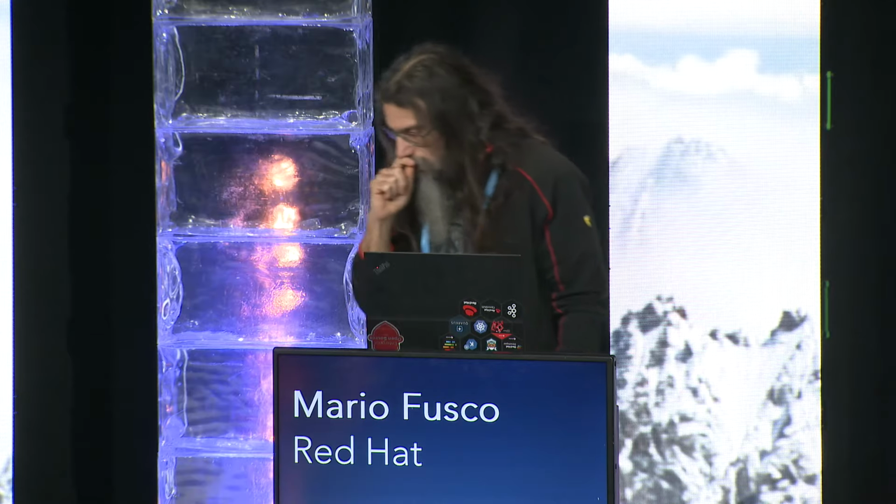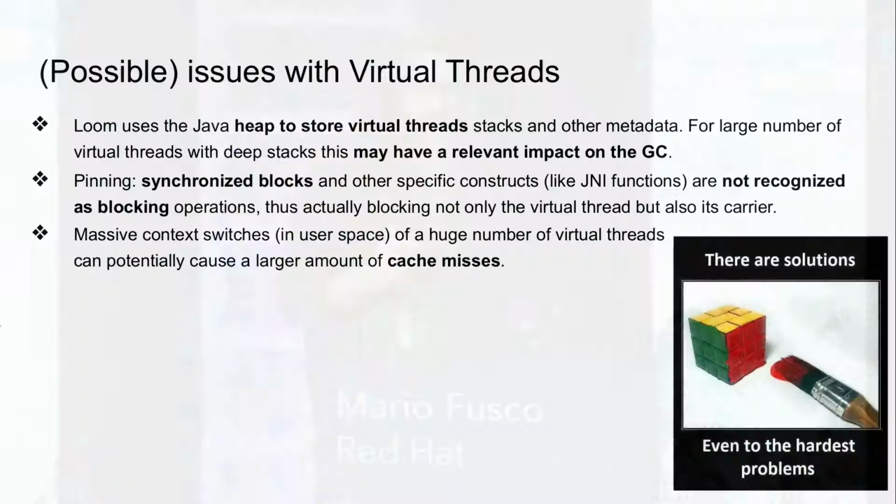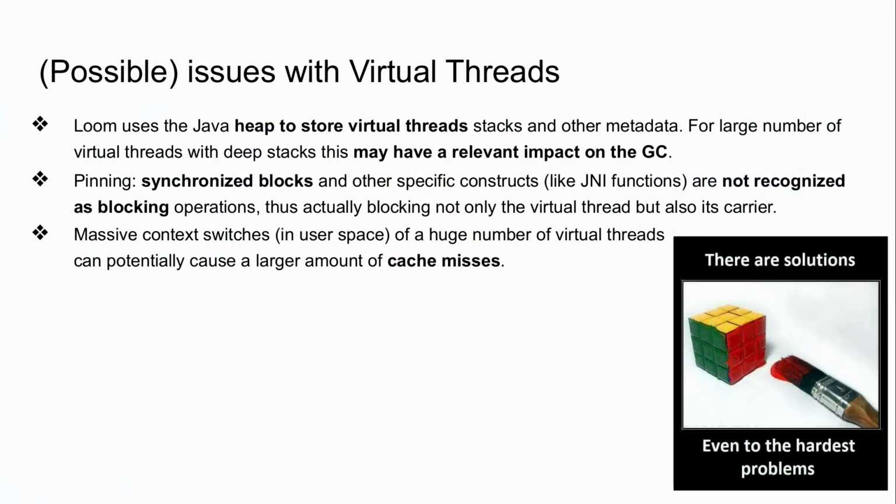Another possible issue is cache misses. One thing that I didn't say is that when a virtual thread is blocked and interrupted, it is removed from its carrier, and then when the blocking operation terminates, it wakes up and restarts its work. But when it restarts, it's not said at all that it will restart on the same carrier.